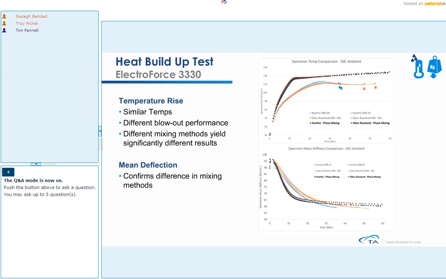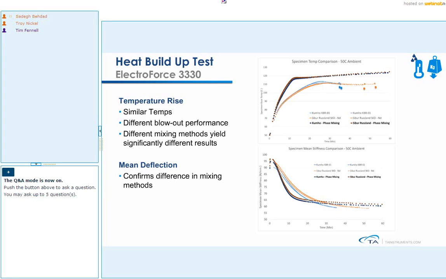In terms of temperature, the phase mix rubber piece stays higher all the way, but it won't blow out, while the regular samples blew out at around 35 minutes for the Comho formulation, and for Cyber Rosland, they failed between 45 to 50 minutes. So it seems that better distribution of the filler due to a better mixing method is creating a stronger filler network.